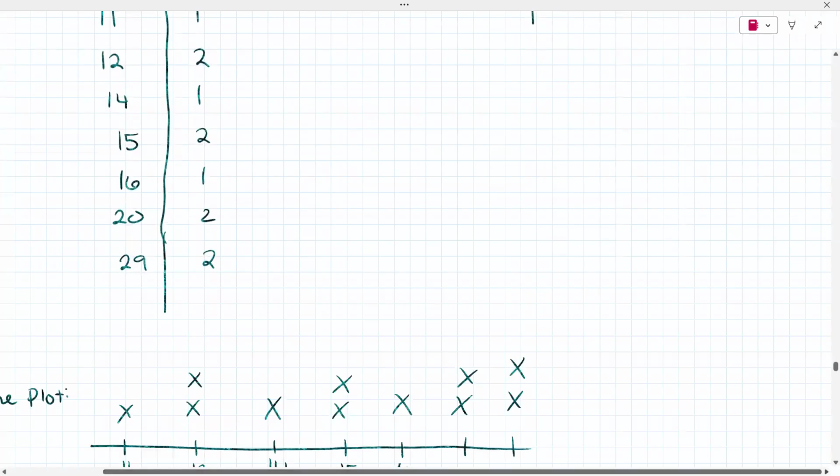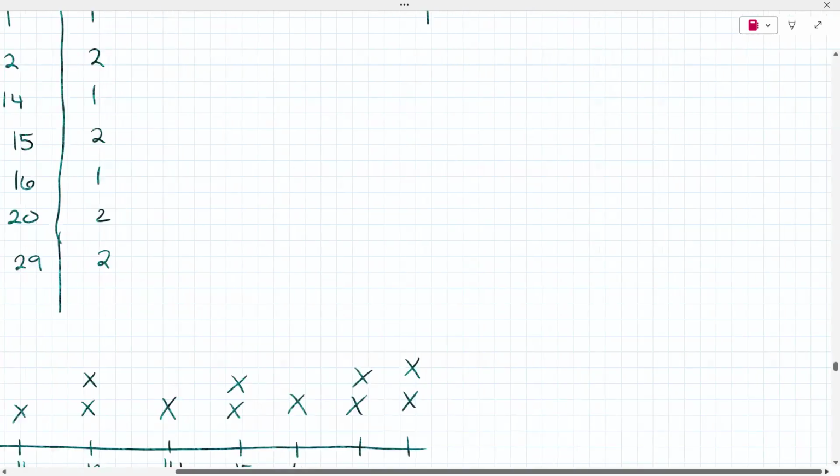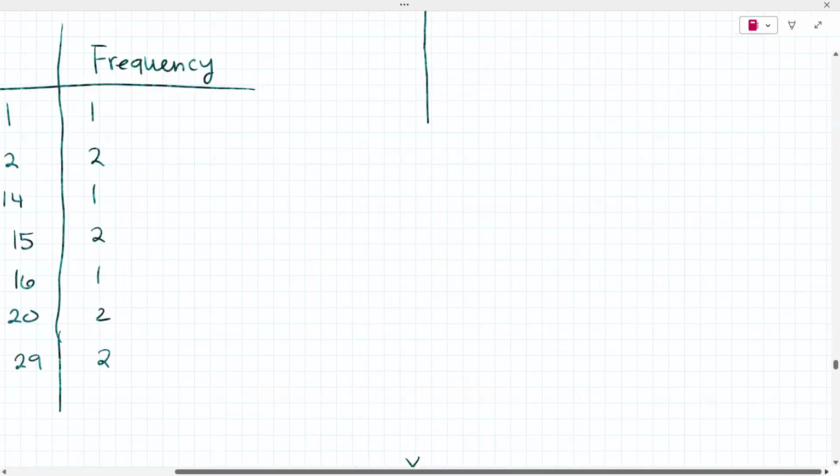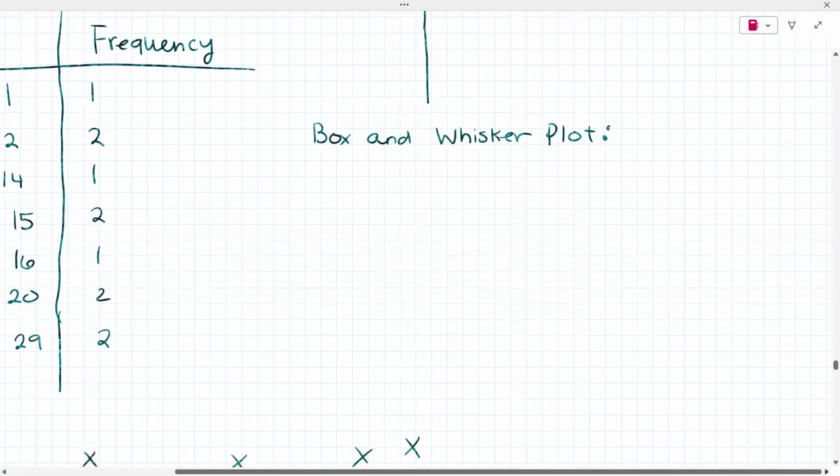Now let's go ahead and make the last one, the box and whisker. What we need is, A, the median, which is also quartile 2, just 15.